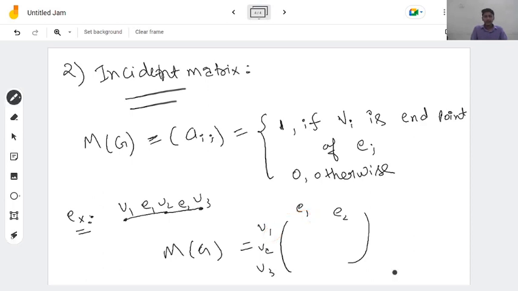V1 is an endpoint of E1. Is this true? Yes, V1 is an endpoint of E1. So this entry will be 1. Another thing is V1 and E2. V1 is not an endpoint of E2. Therefore, this entry will be 0. Now V2 is an endpoint of edge E1. Therefore, this entry will be 1. And V2 is also an endpoint of E2. Therefore, this entry will be 1. Another thing is V3 is an endpoint of E1? That is no. And V3 is an endpoint of E2? It is yes. So this is our incident matrix of graph G.